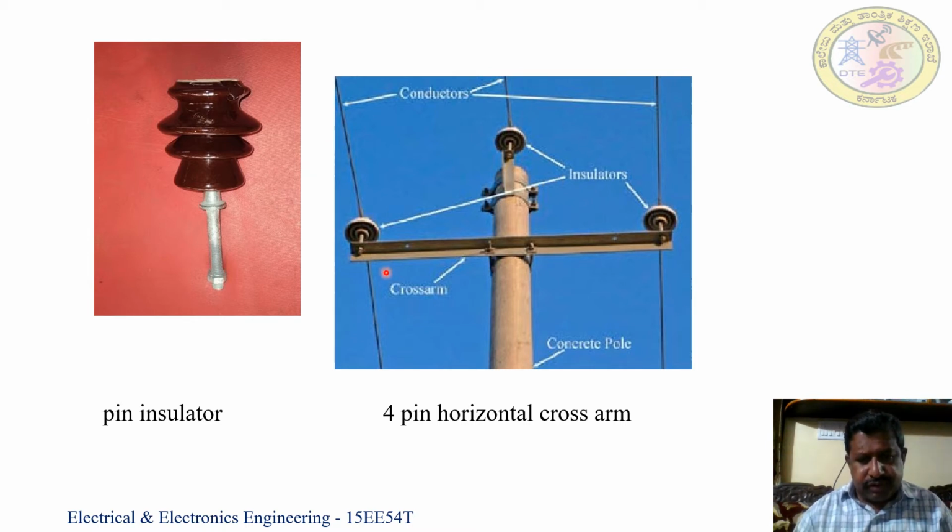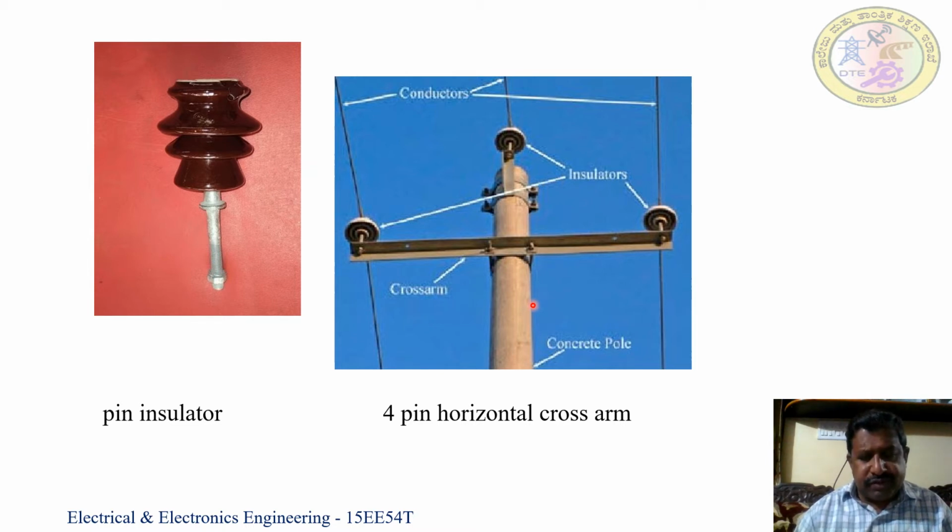Next one is 4-pin horizontal cross arm. 4-pin means here 4 insulators can be connected on this horizontal cross arm. It is an L-shaped angle. This is going to be fixed on the pole.